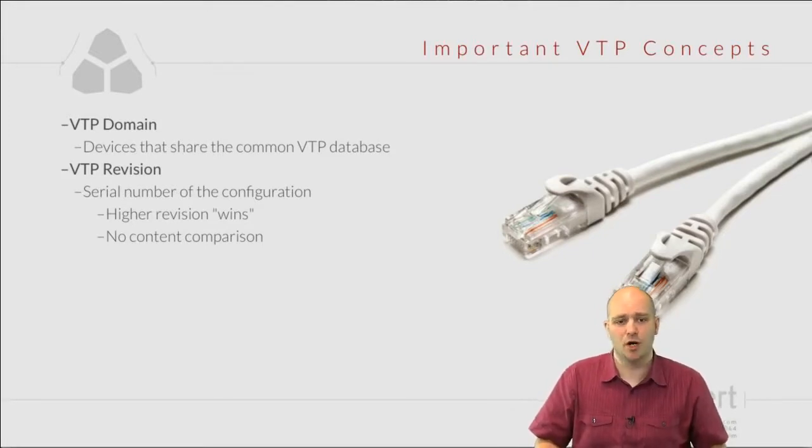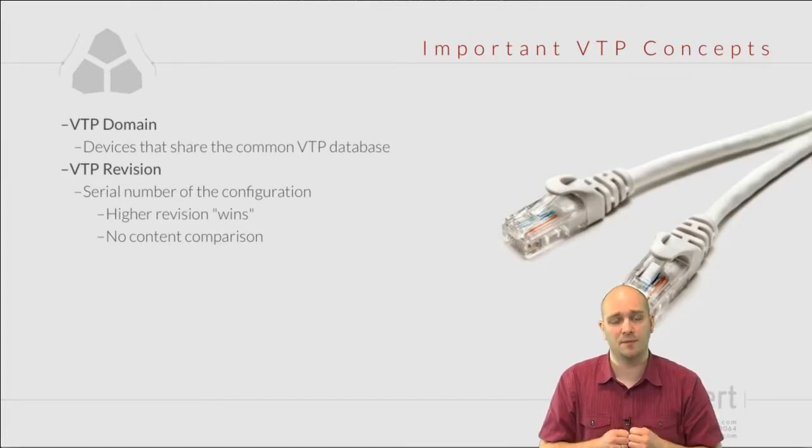VTP revision number is just a number. Basically, it identifies the serial number of the configuration in question. There is no comparison of the database when we receive an update from another switch.